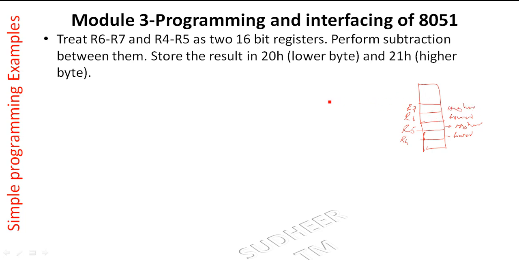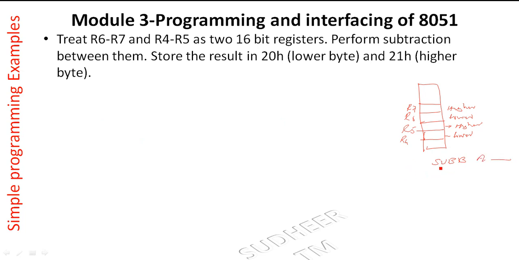After the subtraction we need to keep the result's lower byte at 20H and upper byte at 21H. Subtraction is very simple. We can use the instruction SUBB, subtraction, SUBB A, register.